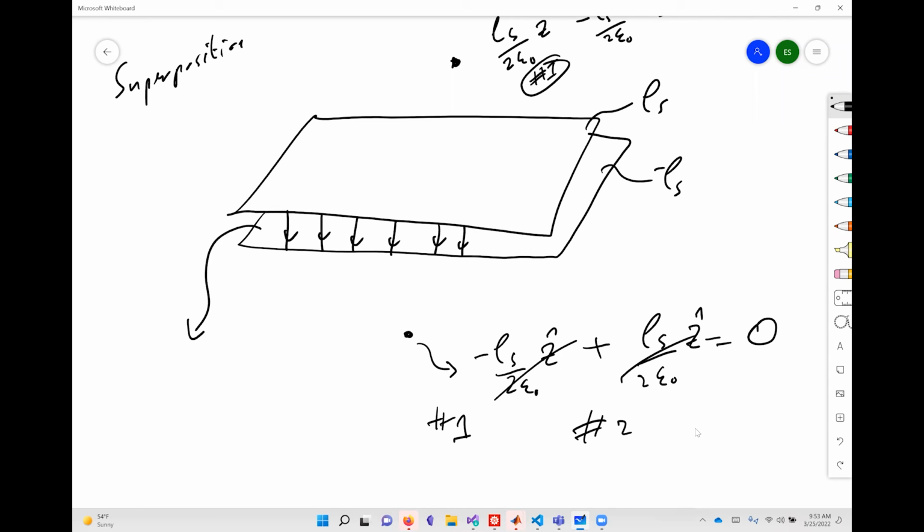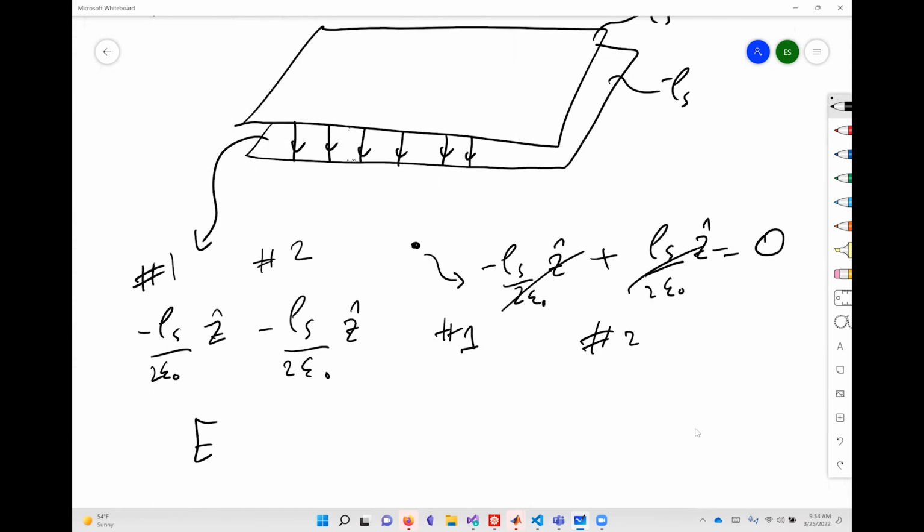Between the plates, the field from plate 1, I'm just under plate 1, so it's going to be minus rho S over 2 epsilon naught Z hat. Okay, and then I have the field above plate 2. This is plate 1 and plate 2. What's the field above plate 2? It's going to be positive, but the charge density is negative, right? So it's going to be minus rho S over 2 epsilon naught Z hat.